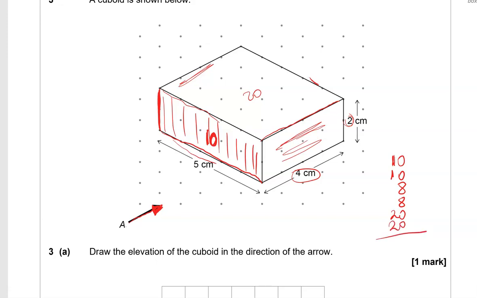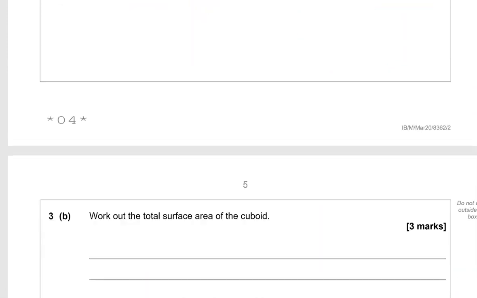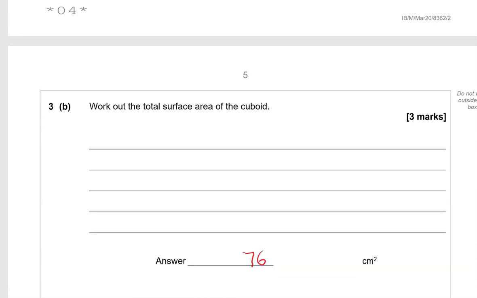So we've got 8 and 8, 16. 6 down and 1 is carried over. 1 and 1 is 2, 3, 5, 7. 76. Don't worry about not having done the working out here, because we've done it on the diagram, and that's acceptable.